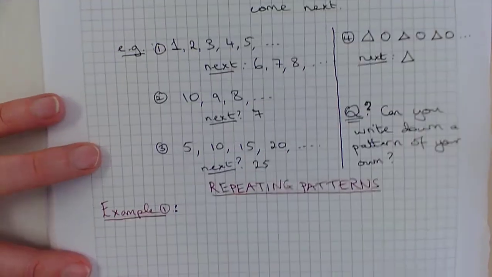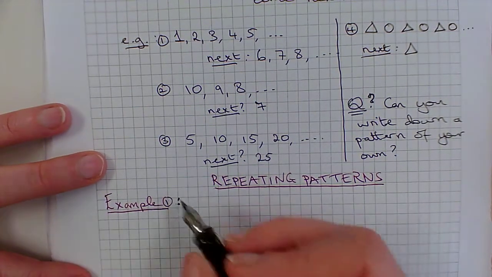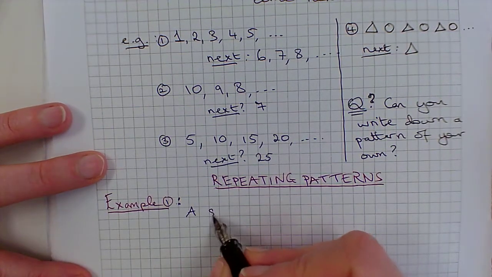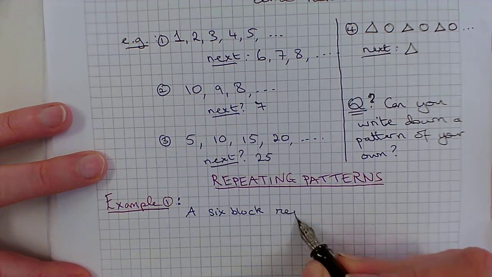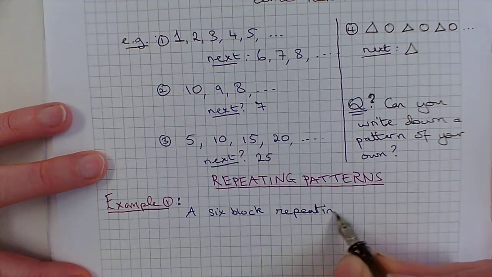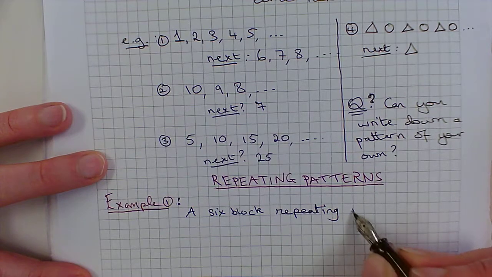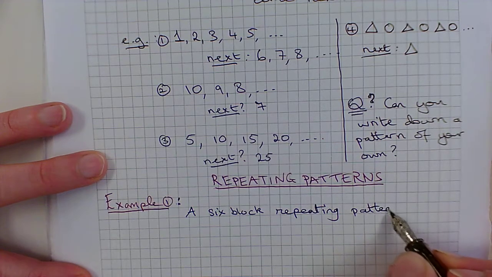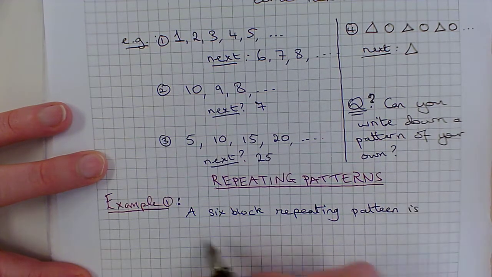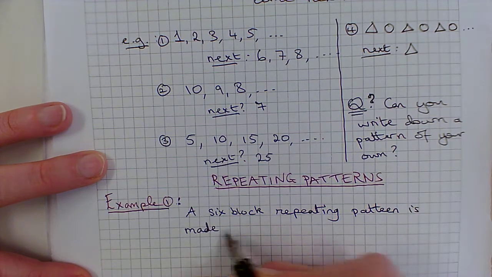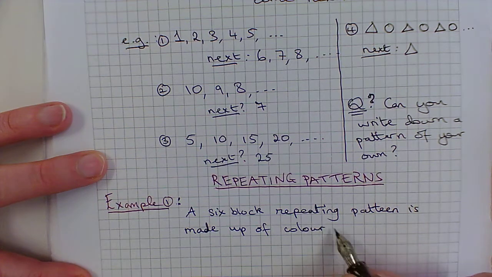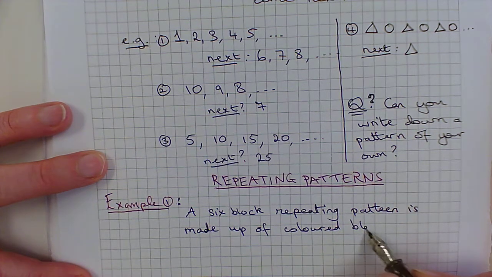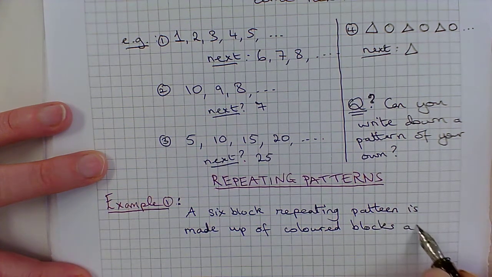Let's take a look at a 6-block repeating pattern. A 6-block repeating pattern is made up of colored blocks as shown.